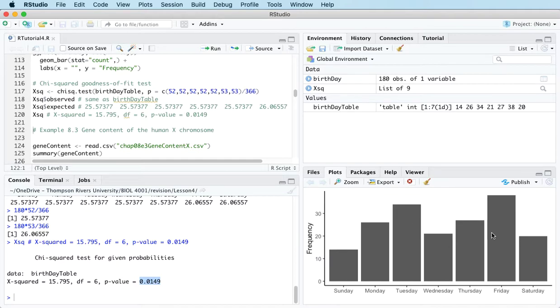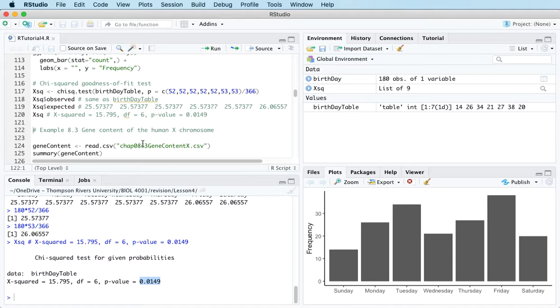Okay, there's something going on here, and so the next step would be to try and come up with plausible explanations for why that might be the case. So I'll leave you to think about why we have births being much higher on a Friday relative to the weekend where births are considerably lower.